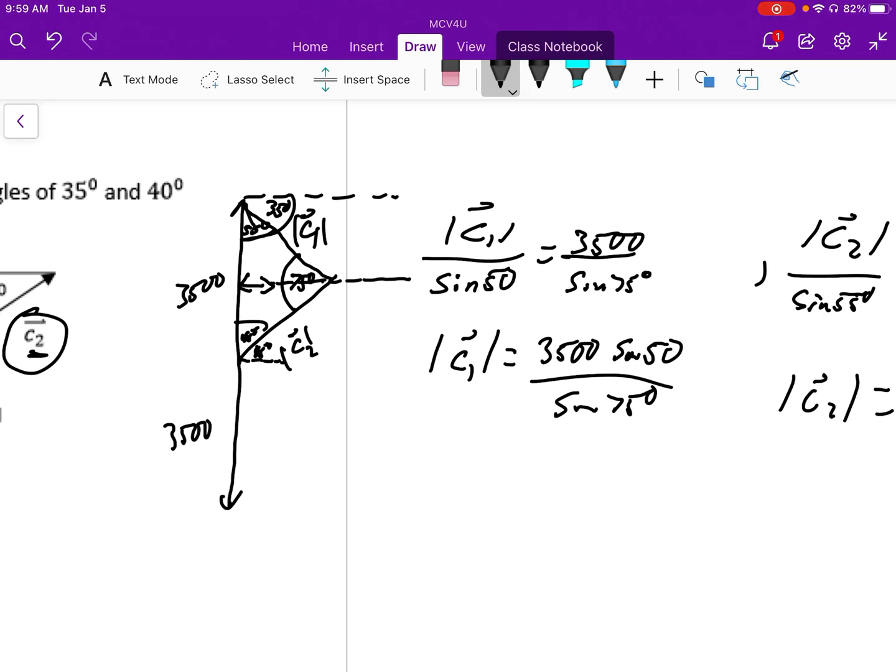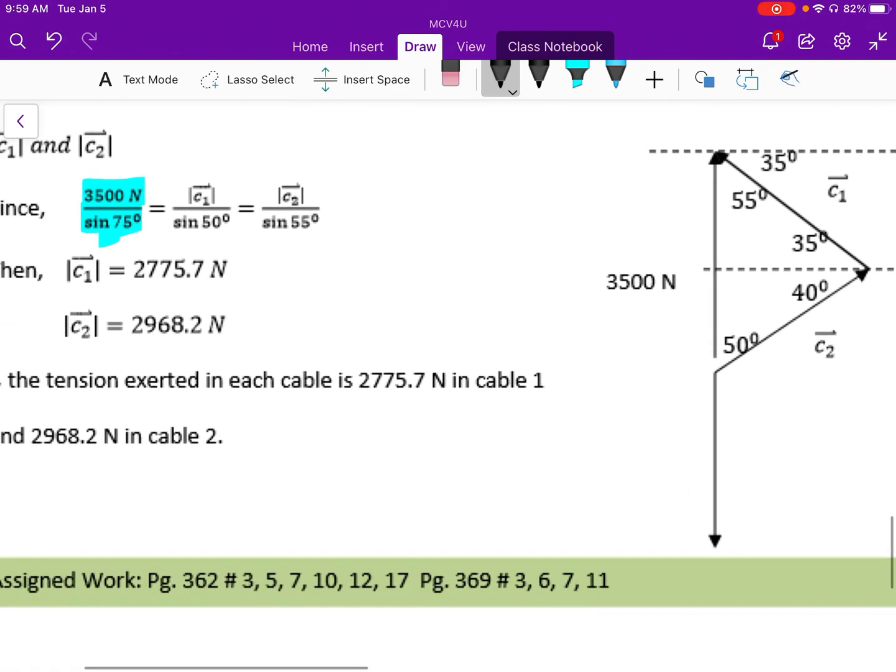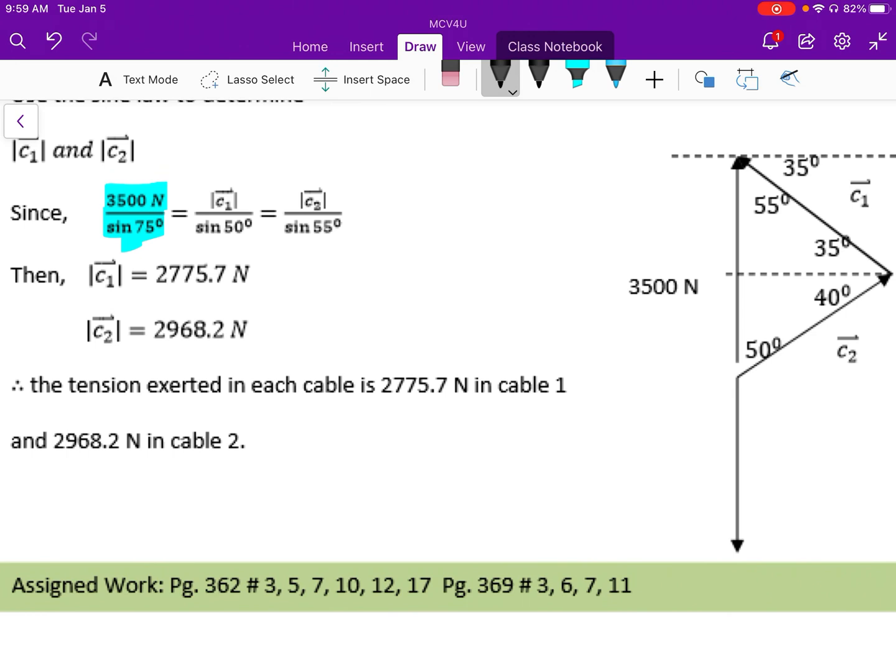Just getting the right things there when I took it off. All right, I should have kept the 35 up in the top and the 40 down at the bottom there. So that should be the 50 there. Okay. Anyway, so the numbers are there. All right, and you can see the diagram that's set. You just do the math, put it in your calculator, and find out the two magnitudes through there.